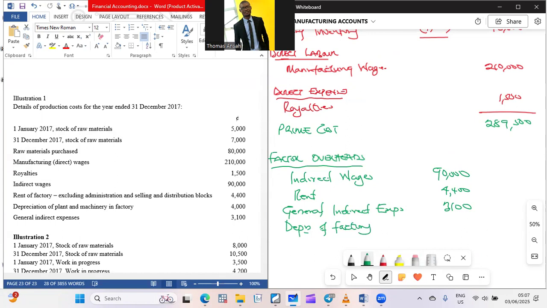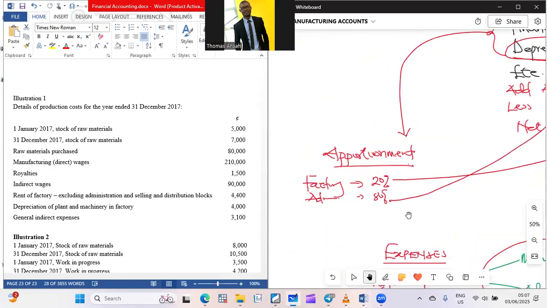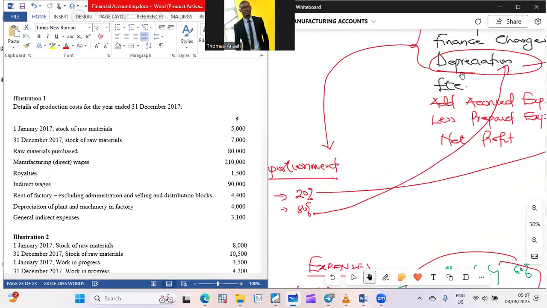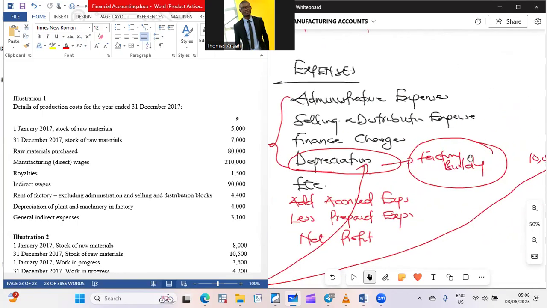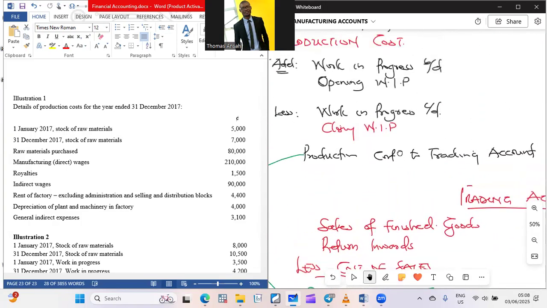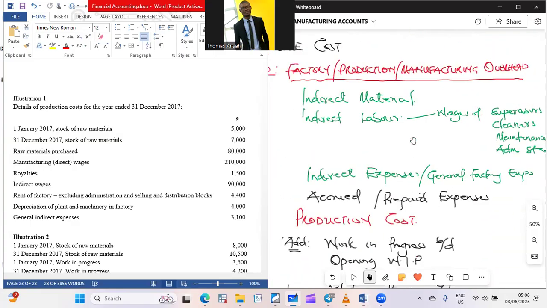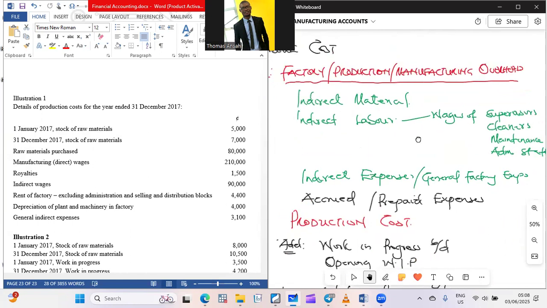In part one, go and write that there; I explained it to you there. If it is standing on its own, the factory building is straight part of your overheads. Make sure you understand that. So depreciation of factory building.